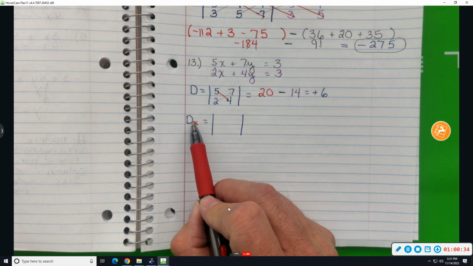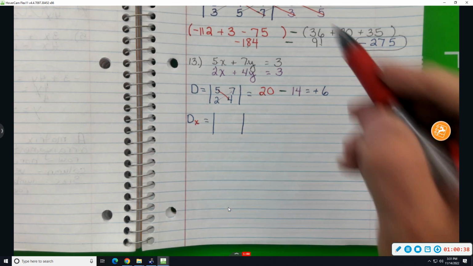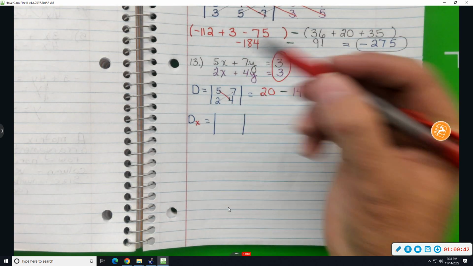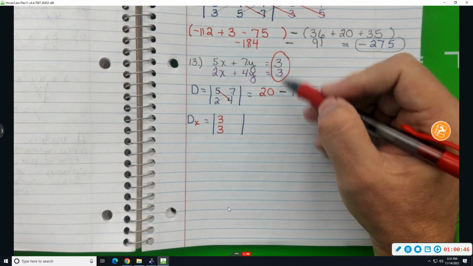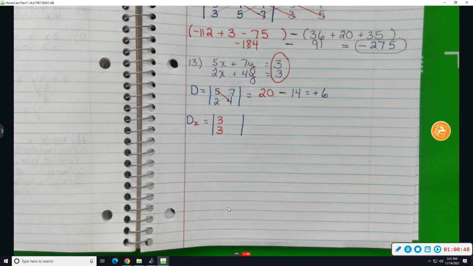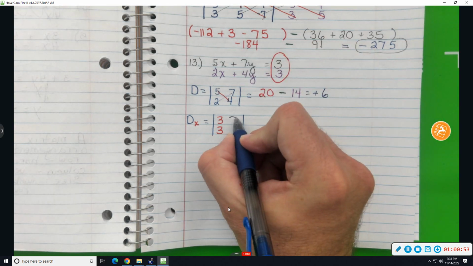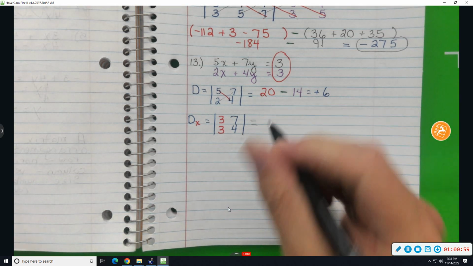You're going to find what's called D with a subscript of X. To do that, you replace the X column. Instead of writing 5, 2, you're going to write those constants, 3, 3. Leave the Y column as 7 and 4. And then just do that little crisscross.